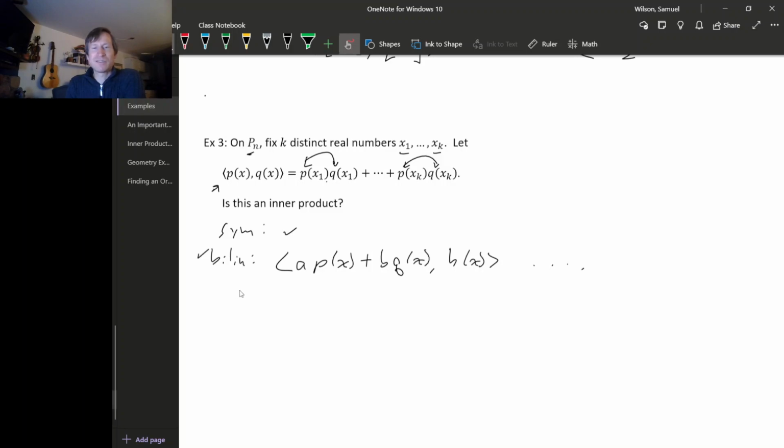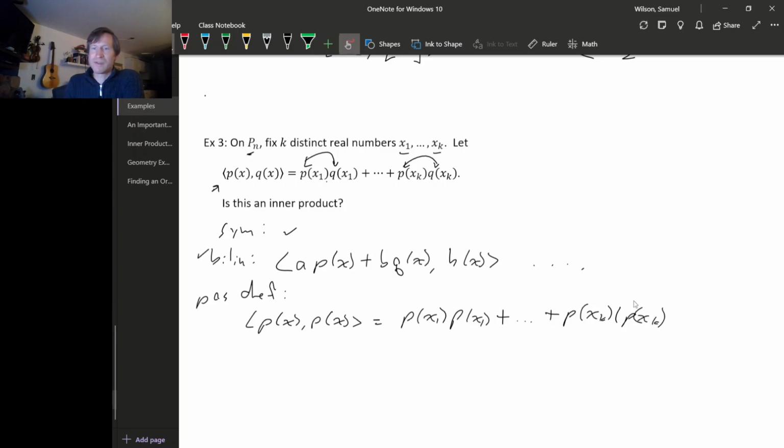Okay, so now let's check positive definiteness. So let's take this product of p with itself and think about if it has to be greater than or equal to 0 or not. So this is going to be p of x1 times p of x1 plus, and so on, all the way up to the last x value. So this is p of x sub k times p of x sub k.